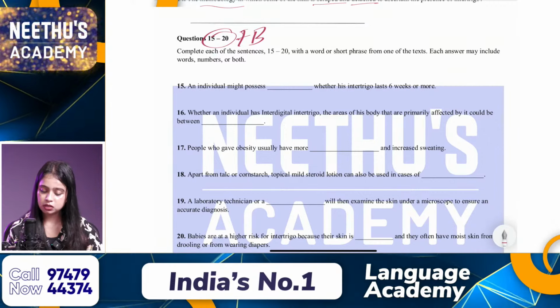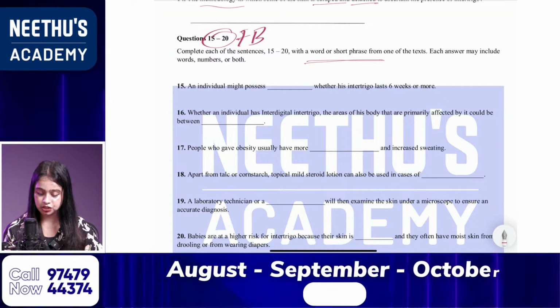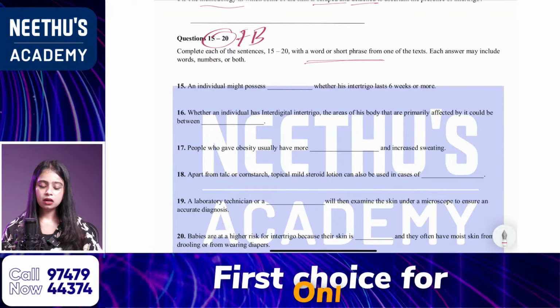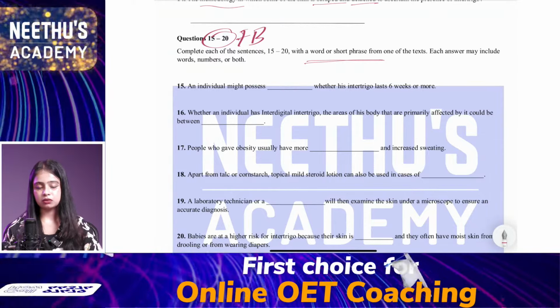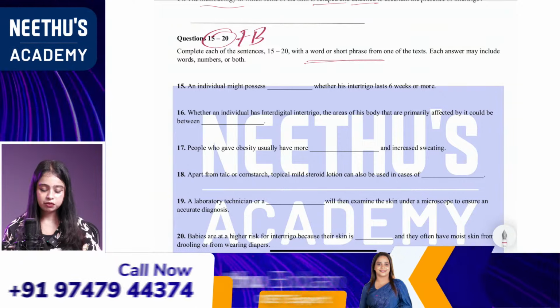Same instructions mentioned. First one, an individual might possess dash, whether his intertrigo lasts 6 weeks or more. So it's all about 6 weeks here. What is the condition called?